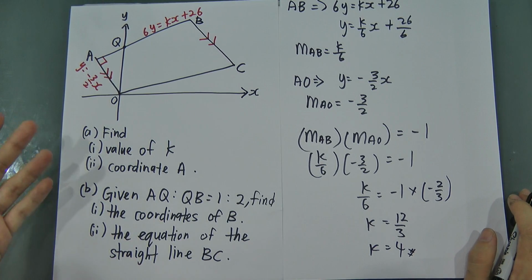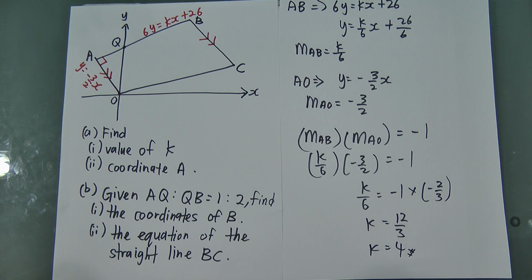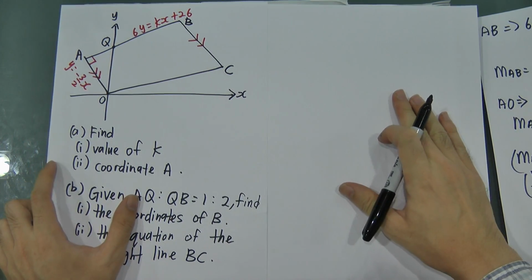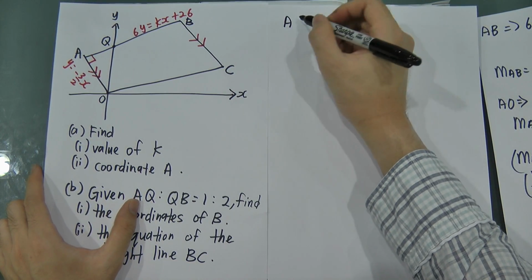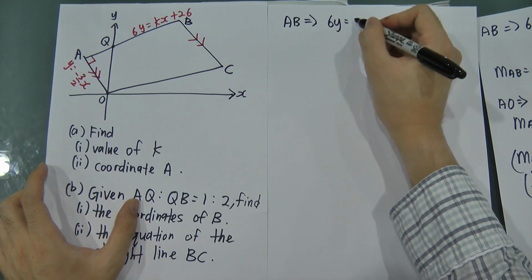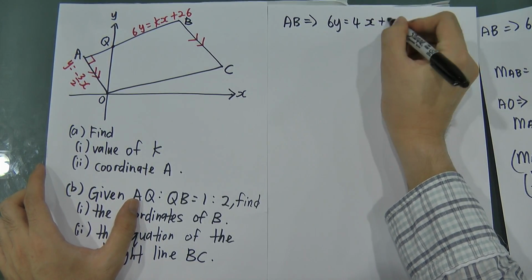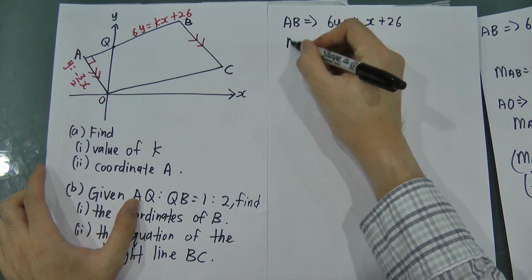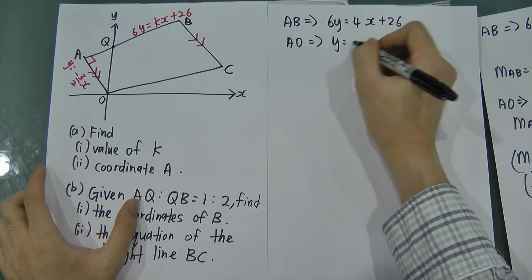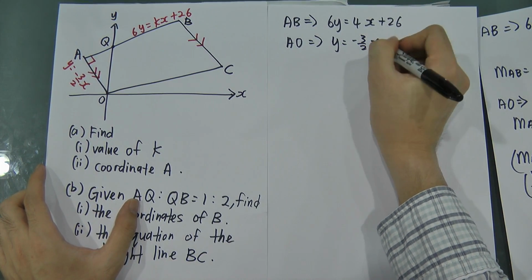After that, of course, he will ask you to find the coordinates of A. Since we got k is 4, I'm going to write this one more time. AB is 6y equals 4x plus 26, and AO is y equals negative 3 over 2 x.